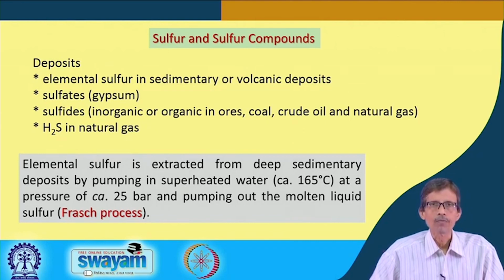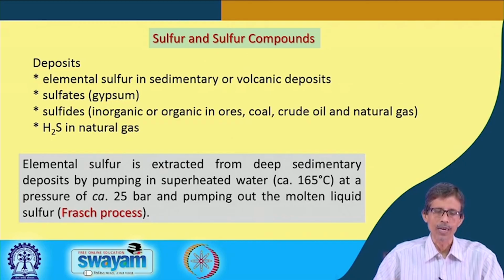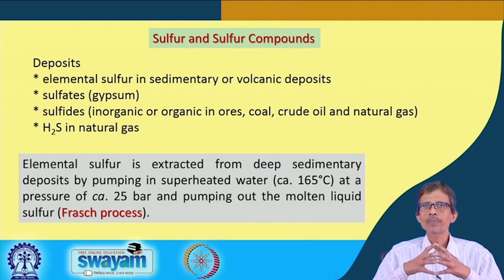Then along with sulfates you can have sulfides, inorganic and organic sulfides in ores, roughly speaking. Then in the different coal samples, then crude oil or the natural gases, the CNG source, that can also give you sulfides. And those sulfides, when you talk in terms of the CNG, what is that? That is nothing but your H2S.